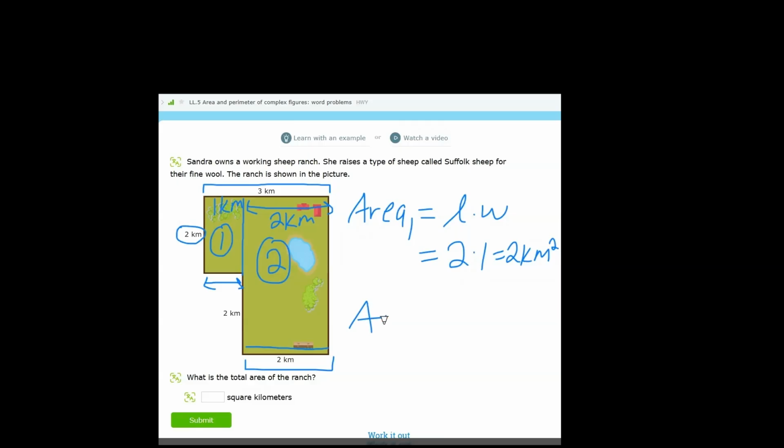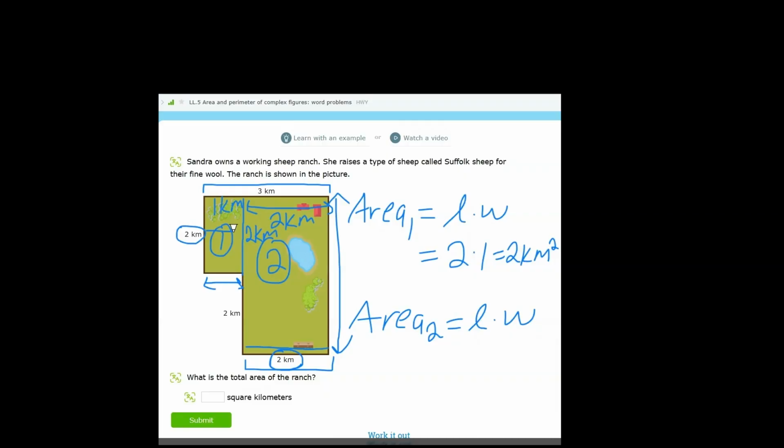Now, area of shape number 2, again, it's length times width. And we have one of the dimensions here, we have 2, but we don't know what this dimension on the right hand side is. Maybe we can figure it out. Well, I know that here, this portion is 2 kilometers, right?